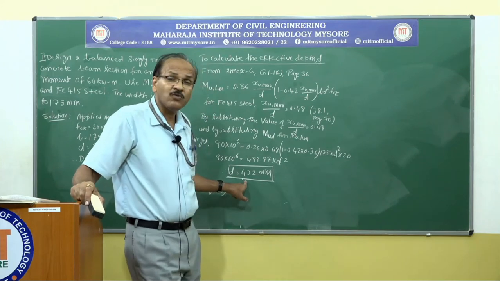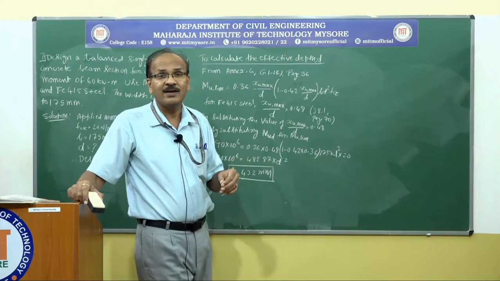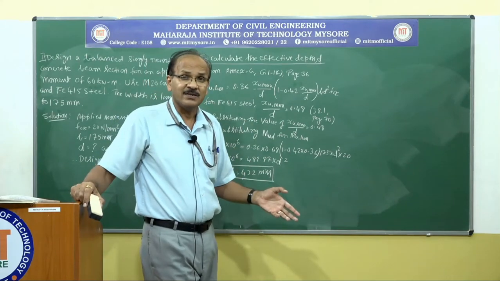Once that is done, we need to find out what is the area of steel required for the balanced section.